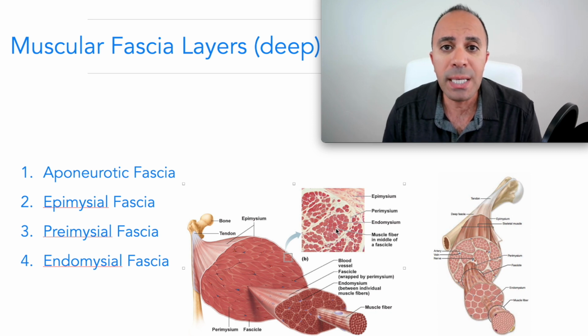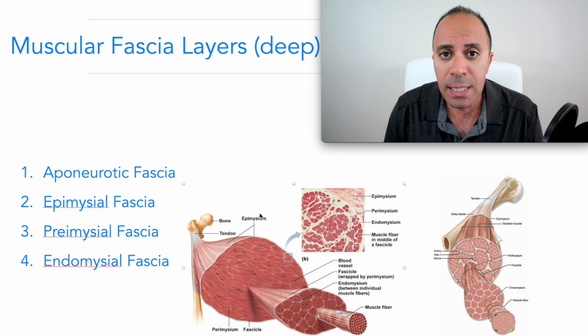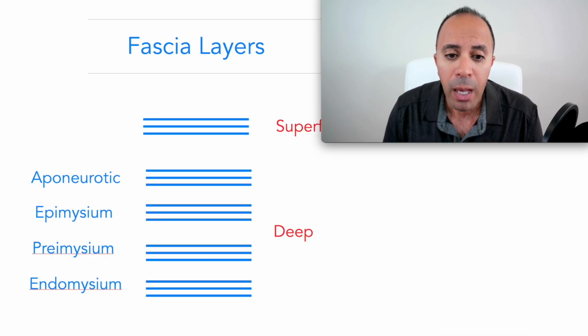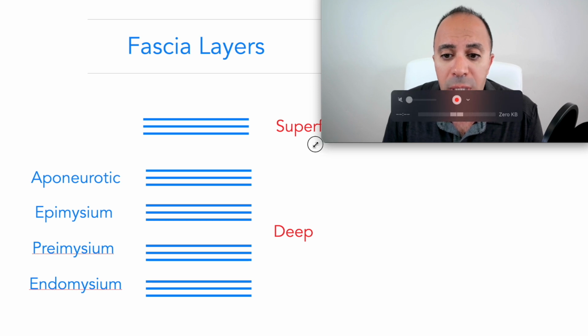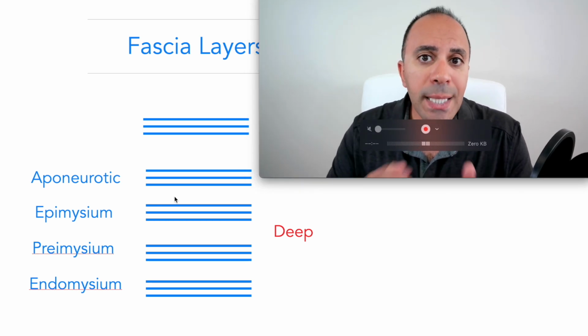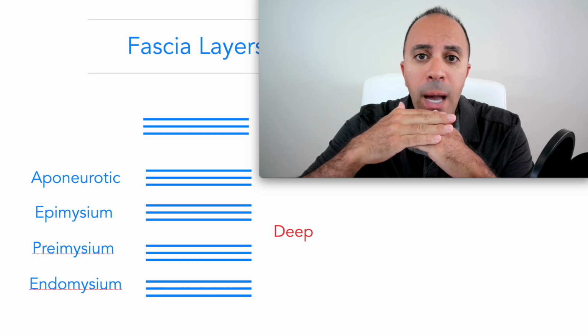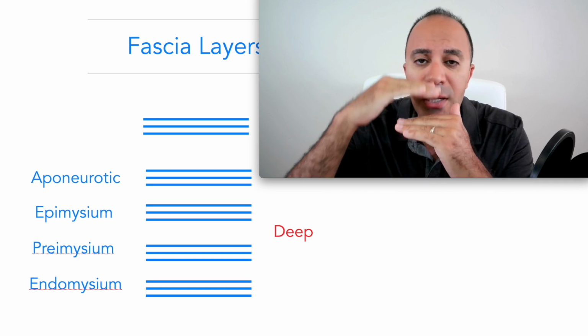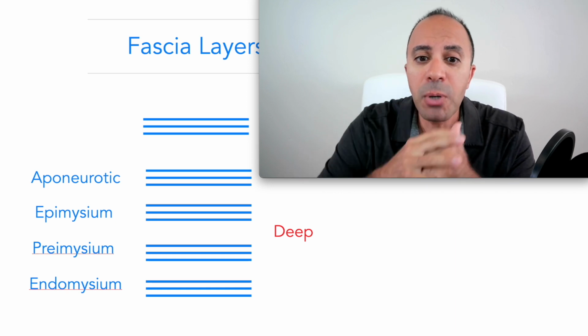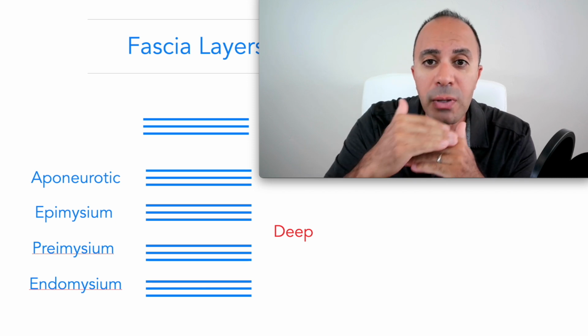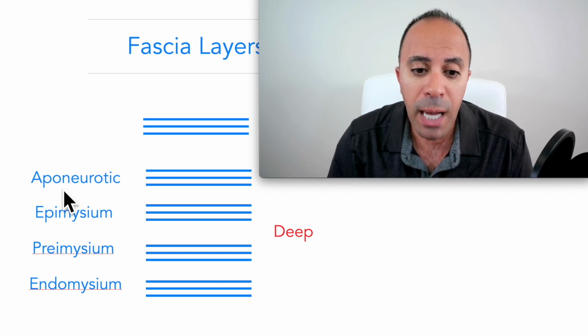So I'm going over this to appreciate the complexity of the system, but don't worry, the treatment is very simple. To make things worse, each of those layers has 2 to 3 sub-layers. So the aponeurotic fascia has 2 to 3 layers of those aponeurotic fascia. The epimysium has 2 to 3 layers of the epimysium layer, and so on.